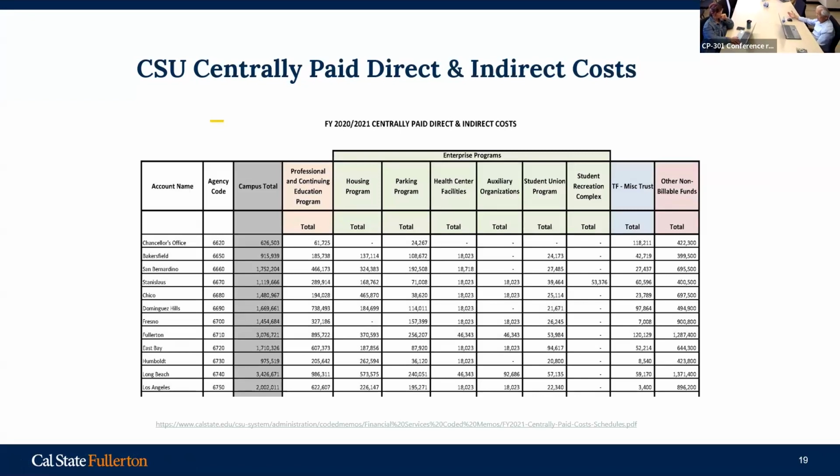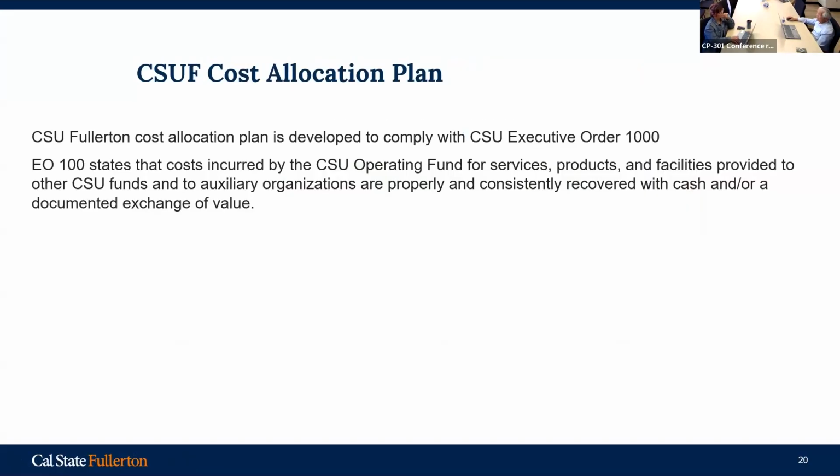And then, for sure, we have the university cost allocation plan that is compliant with the Executive Order 1000. In summary, the Executive Order says we cover any cost that is associated with services that we provide to the final cost objective. That means all the auxiliaries.